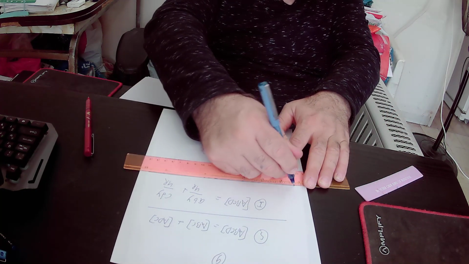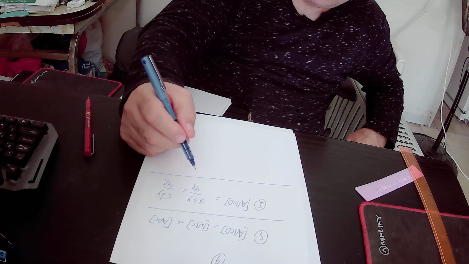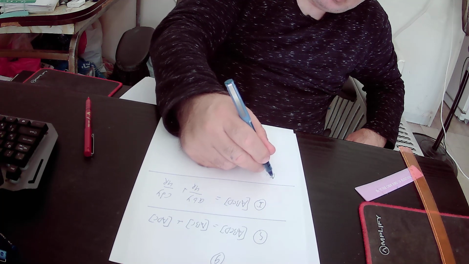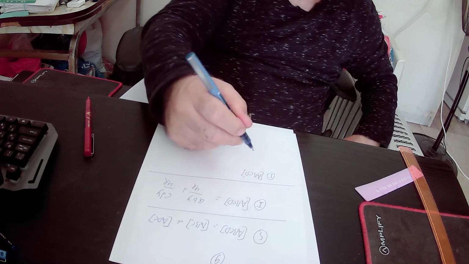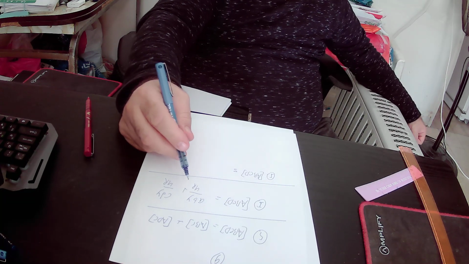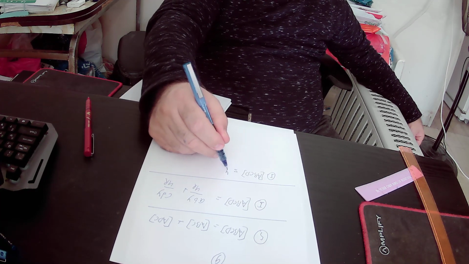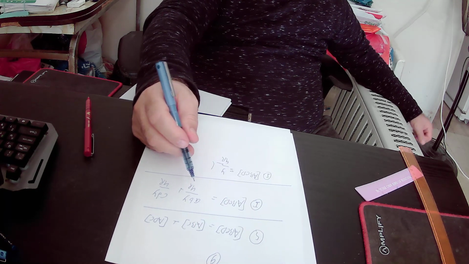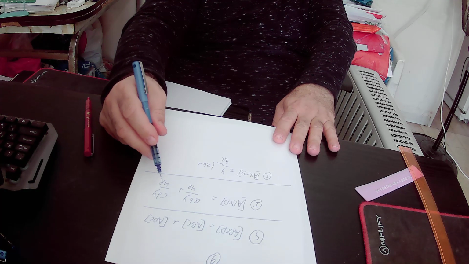Here we take a common factor, Y over 4R, out of this expression, and inside the brackets what is left is AB and CD.